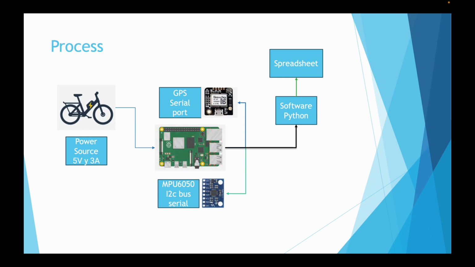Then also connect the MPU6050 through the I2C serial bus, and through Python get the information and push it into a spreadsheet. Well, this is a basic design of the process. No big deal.